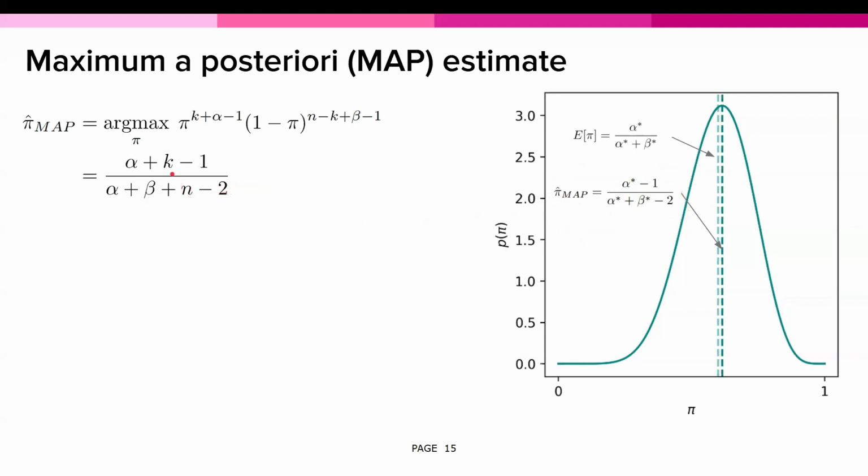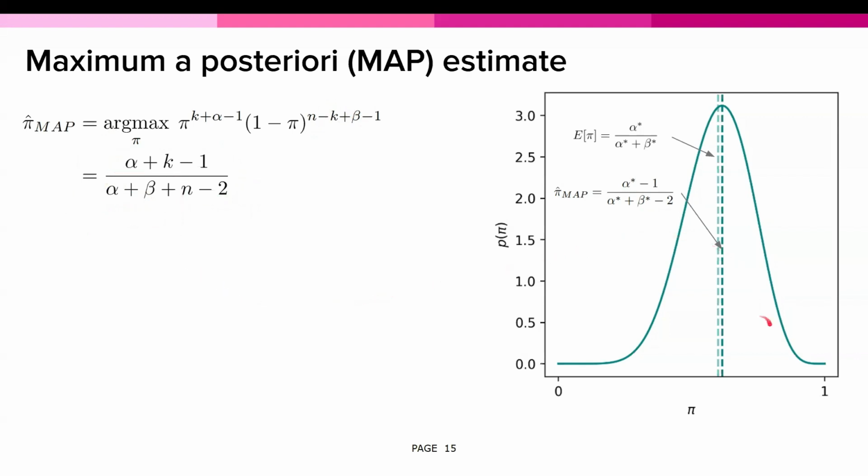For our new posterior distribution, our shape parameters are alpha plus k, and n minus k plus beta, and so our new mode would be given by this expression here. We have a nice closed form solution for finding the MAP estimate.